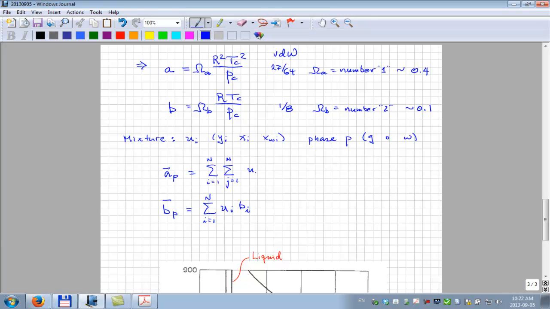So here you take the mole fraction xi times the mole fraction xj, a double summation, times Ai times Aj, and we have to take the square root of that to get our units back in place. And that's a quadratic mixing rule.